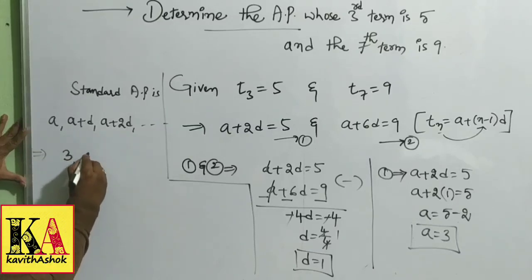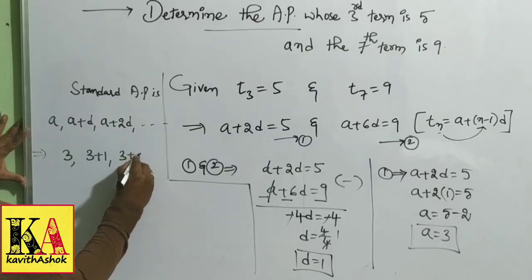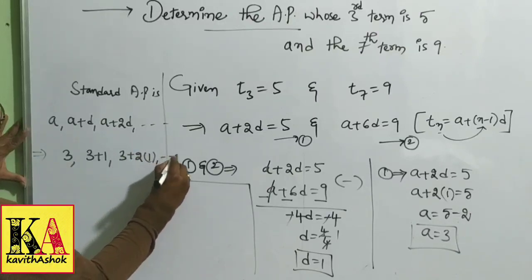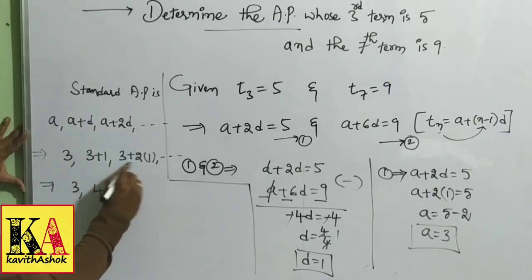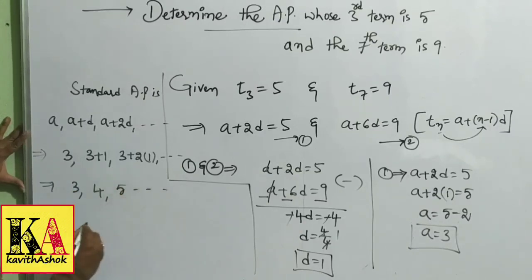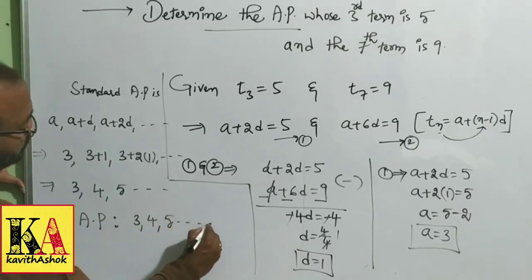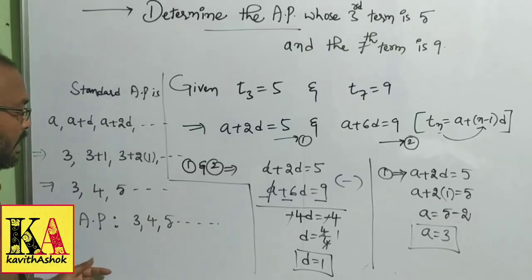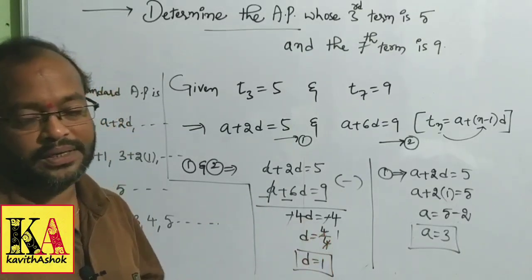A plus D is 3 plus 1. A plus 2D is 3 plus 2 into 1. So on. So now 3, this is 4 and this is 5, so on. The arithmetic progression is 3, 4, 5, so on. Like this we can calculate the arithmetic progression. The main target is to find out the parameters.